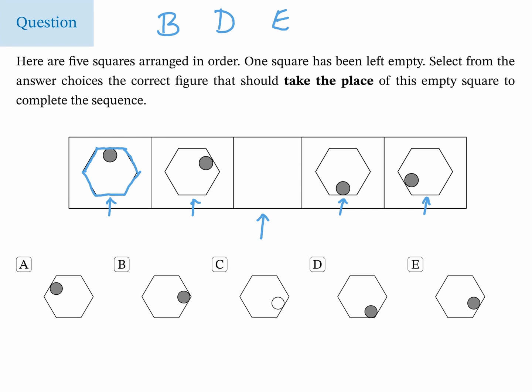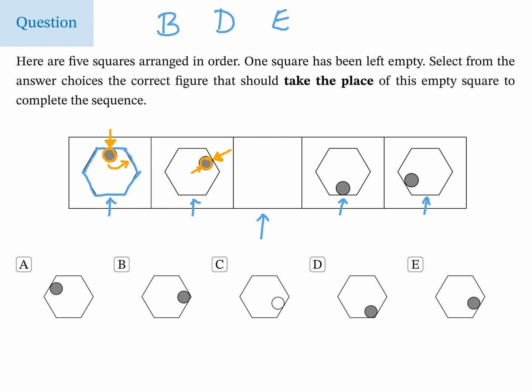However, we also have a gray circle within the hexagon that we can imagine as moving around inside the hexagon. In the first box, the gray circle touches the middle of this top side. In the second box, the gray circle touches the middle of this top right side. So it looks like what's happened is, from the first box to the second box, the circle has moved from here to here.